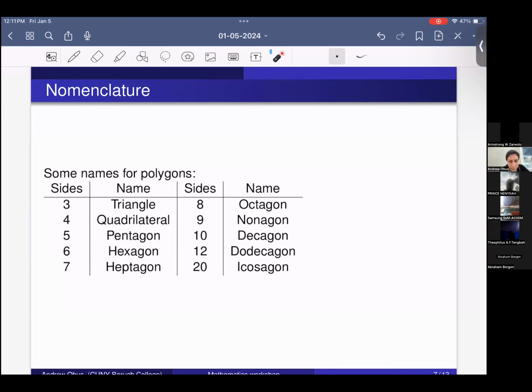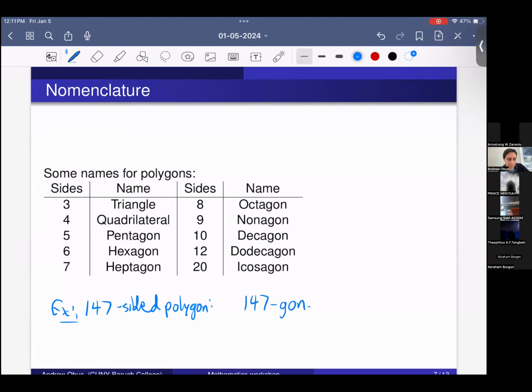If you go to a Wikipedia article on polygons, you'll see the naming principle for every polygon. So if you had a 37-sided polygon, what would you call that? But in reality, nobody uses the names once the number is bigger. If you have a 147-sided polygon, you would just call it a 147-gon.